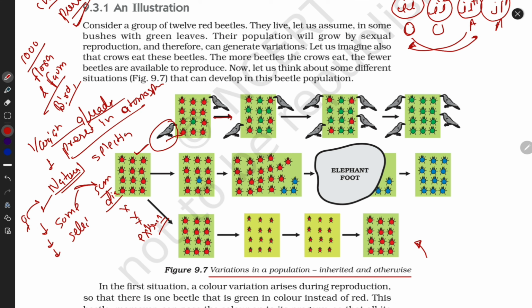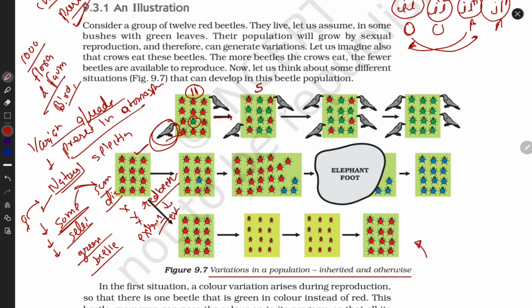In the starting phase there are 11 red beetles. Now after feeding by the crow, what is the number? 1, 2, 3, 4, 5. Now it's 5. It means nature selected which kind of beetle? Green. Nature selects green beetles, not red beetles. So red beetles decrease in number, and sometimes they go extinct.